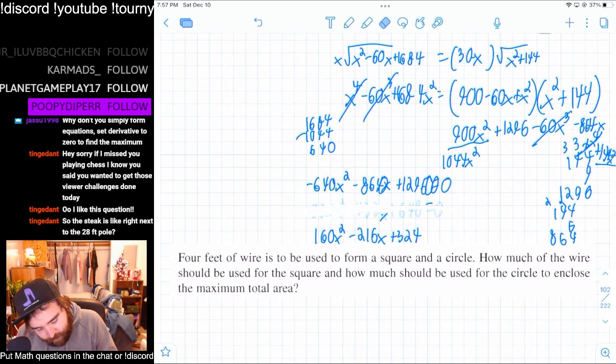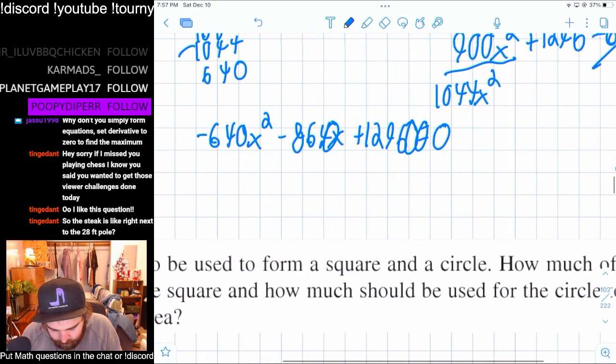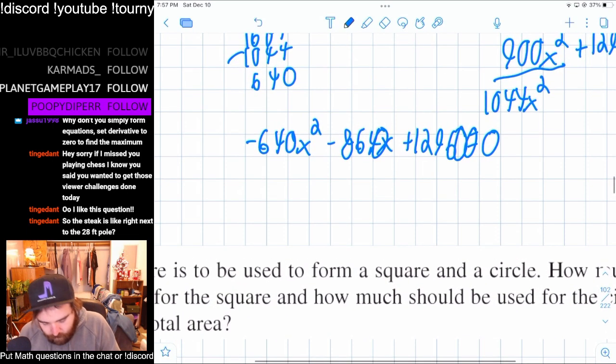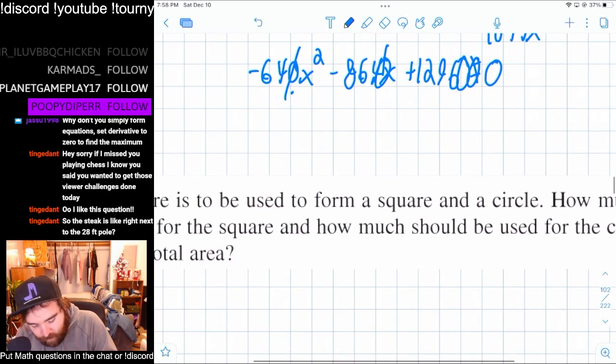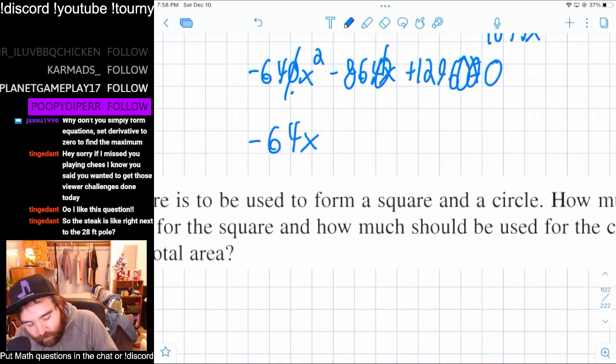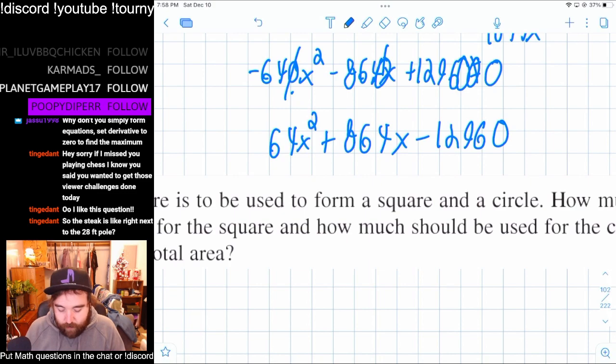So now I can divide stuff, but also just take out zeros. I feel like I need to restart the division stuff. So I have negative 64. Let's just go ahead and change the signs for real this time. 64x squared plus 864x minus 1296 still has that 0 there.